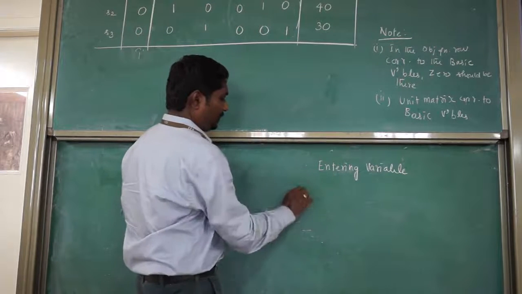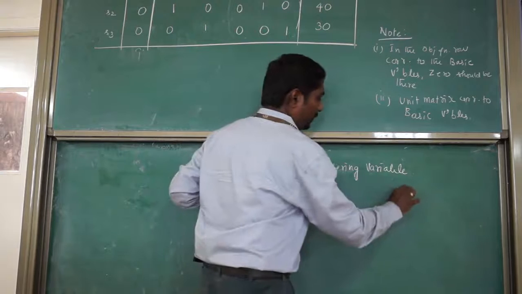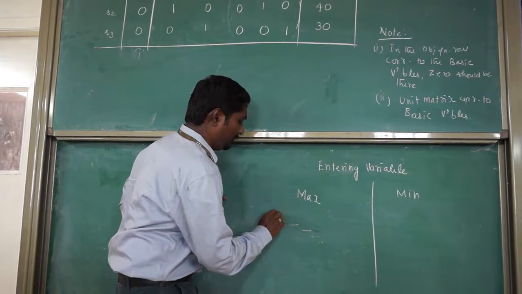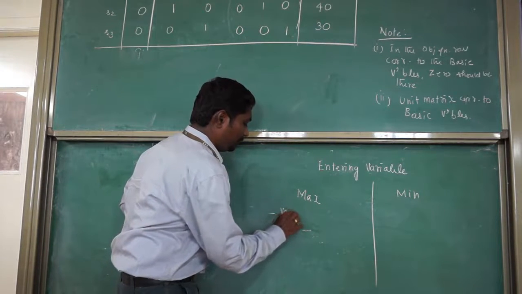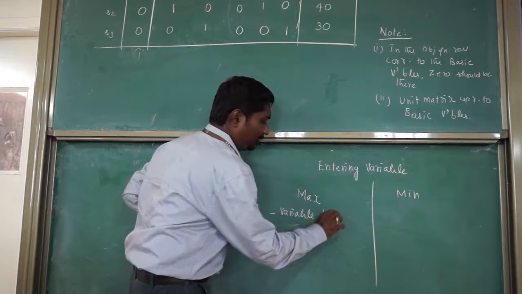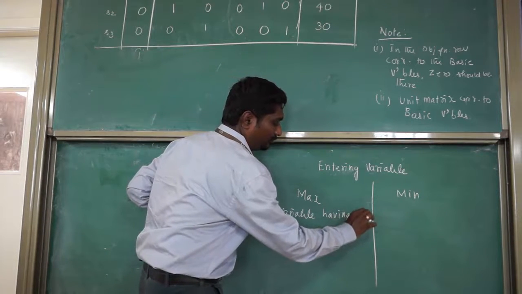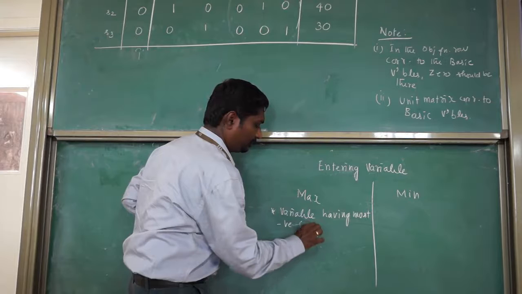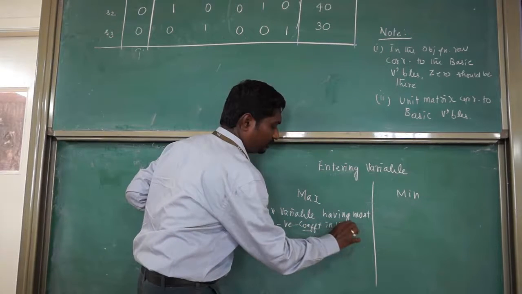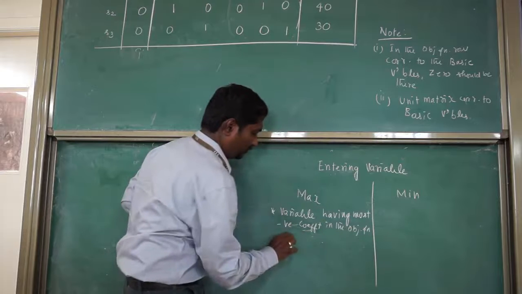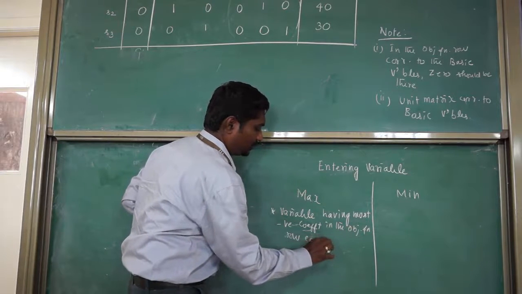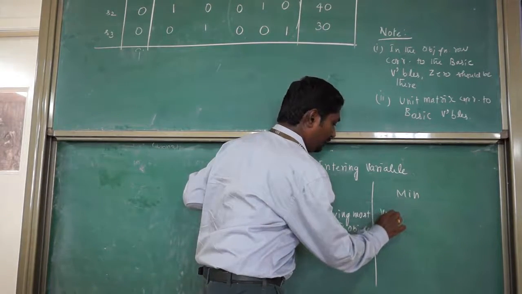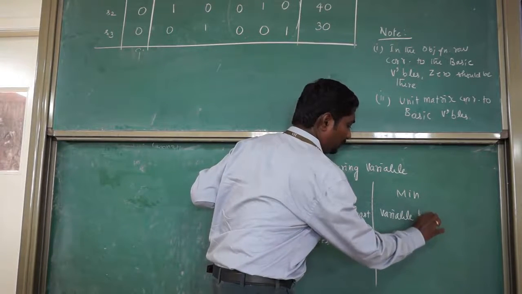If the problem is of maximization type, the variable having the most negative coefficient in the objective function row enters.